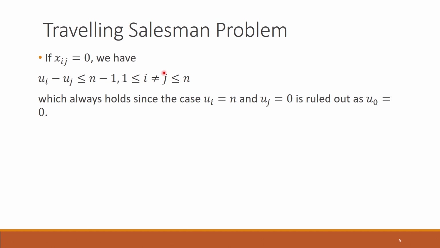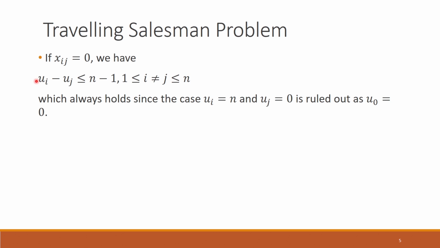So, you cannot have a node j that is the same as node 0, and since we have already reserved the u value of 0 for node 0, we cannot have uj equal to 0 here. So, if uj cannot be 0, then it is an integer value greater than 0 and less than or equal to n. In that case ui itself is upper bounded by n and uj will be greater than or equal to 1.